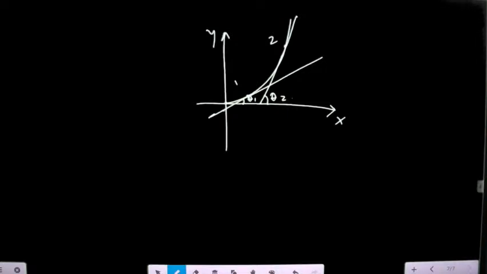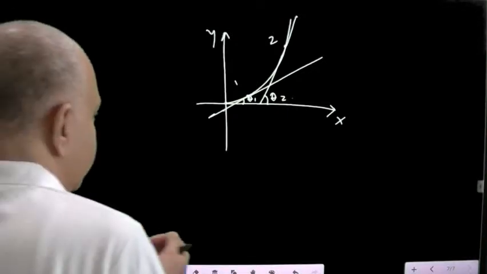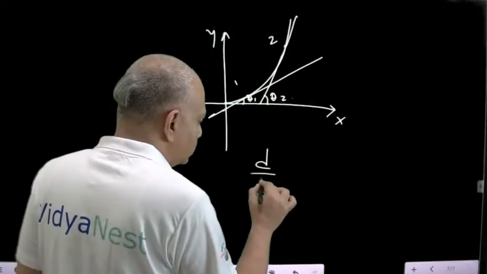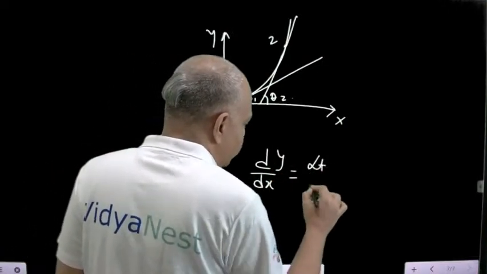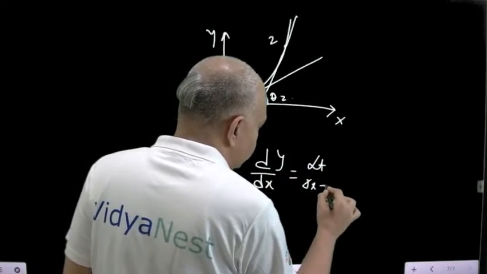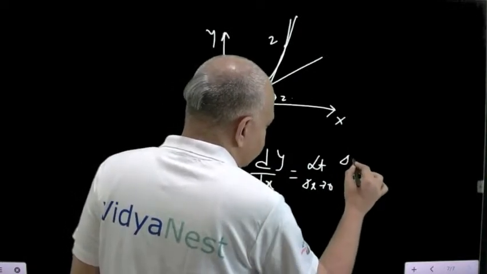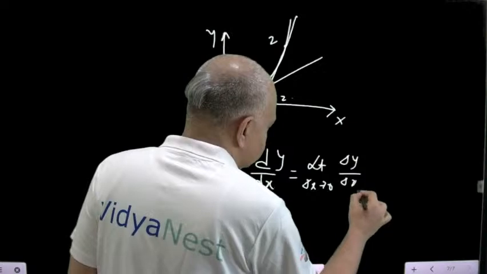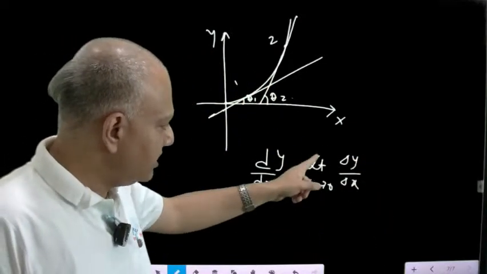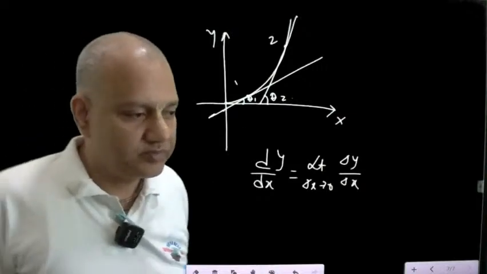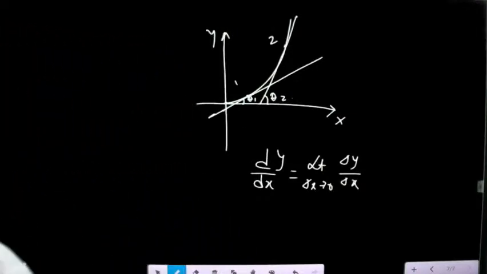But ultimately the differentiation of y with respect to x is the limit delta x tending to 0 of delta y by delta x, the change of y by change of x, d/dx of y. Children, you understand this point, I think so.